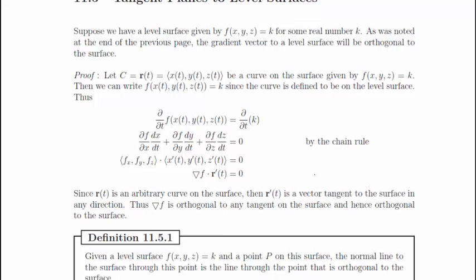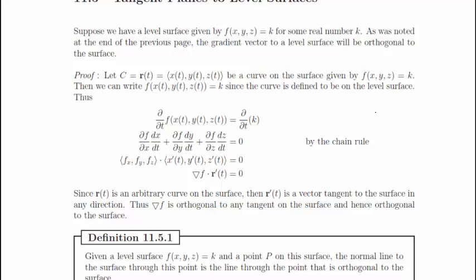I think conceptually this makes sense, and my proof is going to be a little bit roundabout, but let's see if we can follow it. Let c equal the vector r of t equal x of t comma y of t comma z of t be a curve on the surface given by f of x comma y comma z equals k.